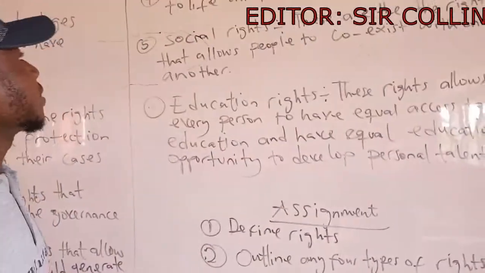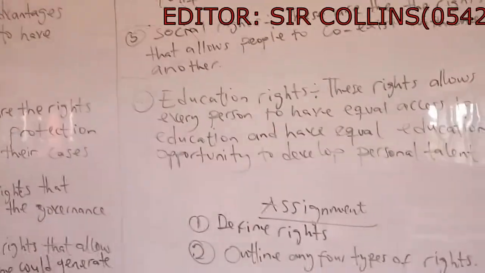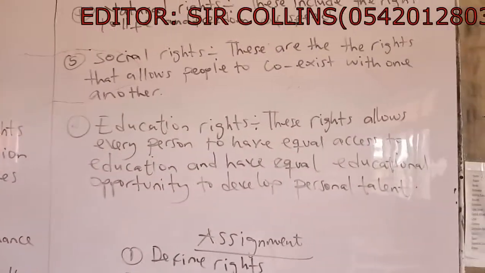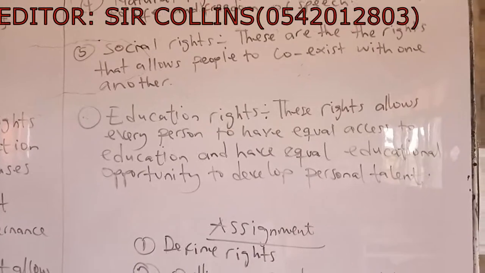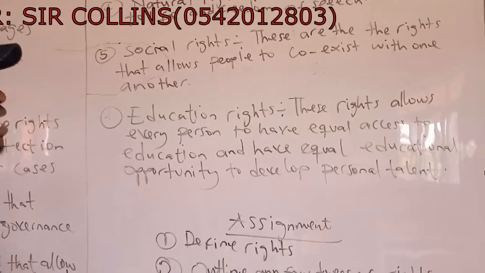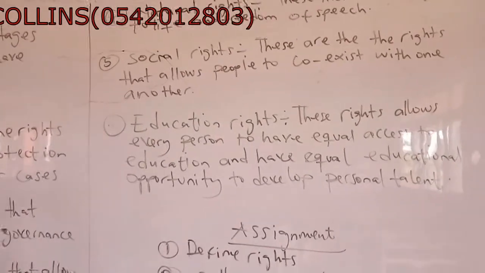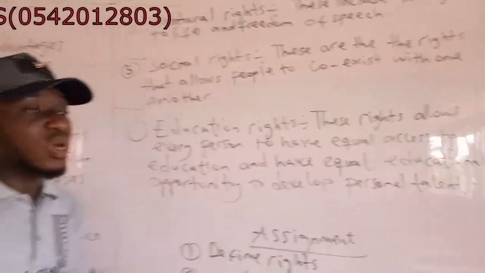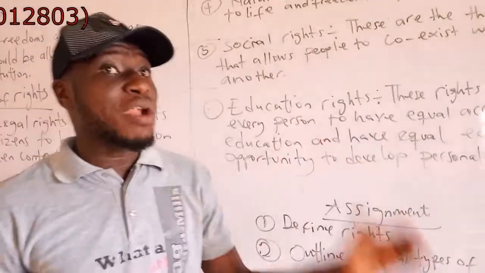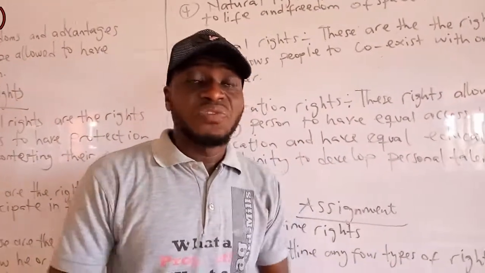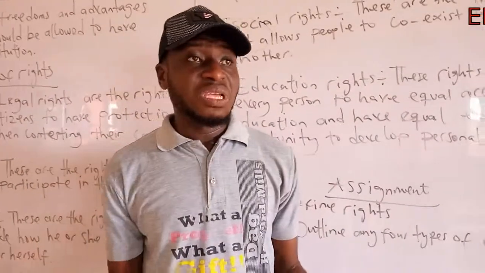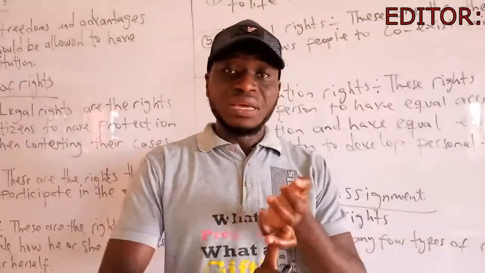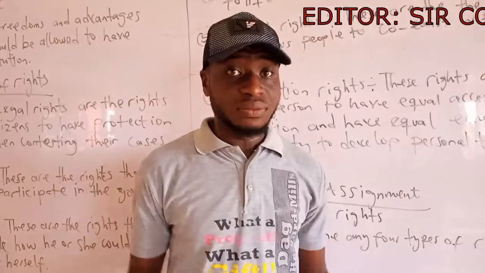Let's move to our last but one. Social rights. These are the rights that allow people to coexist with one another. Under this right, you have the right to marry. You have the freedom to move. You have the freedom to join any religion you want to join.